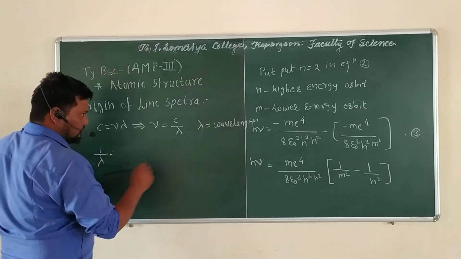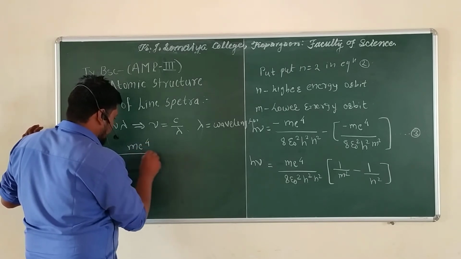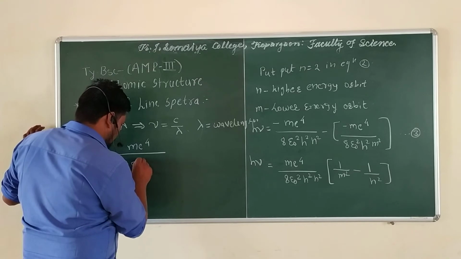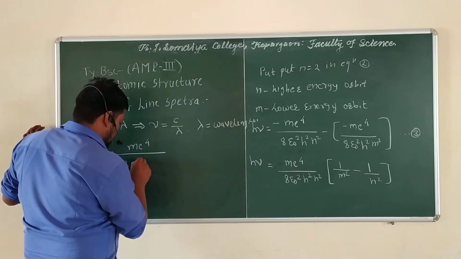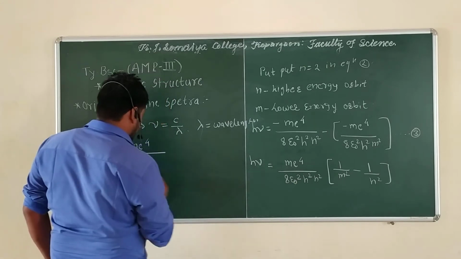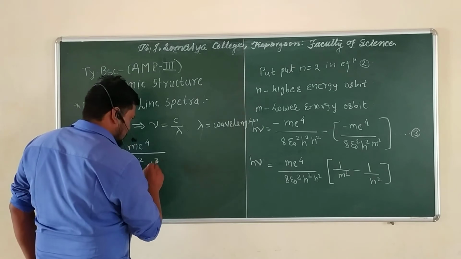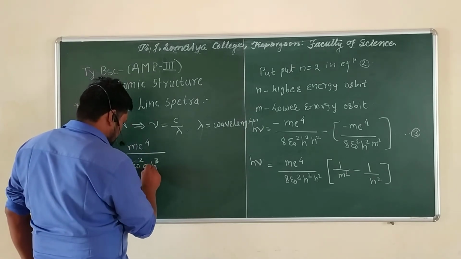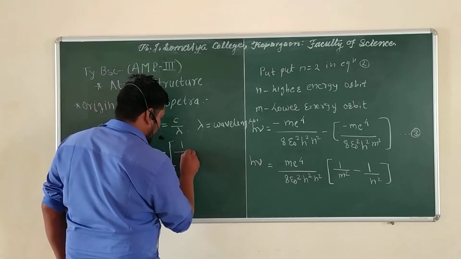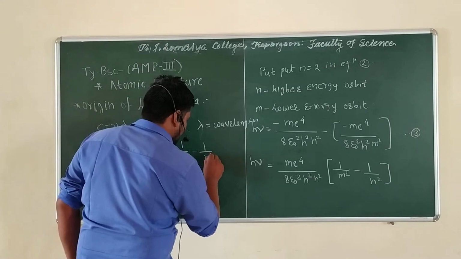is equal to m into e to the power 4 divided by 8 epsilon naught square, h square and this other h goes to the denominator, so it is h cube, and this c also goes to the denominator, so that is c into the bracket of 1 by m square minus 1 by n square.